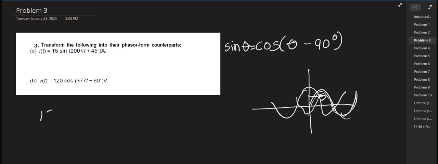So the first thing I'm going to do with this is say it's 15 cosine of 200 pi t plus 45 degrees minus 90 degrees. Now at this point, if I end up with a degree measure that is bigger than positive 180 or smaller than negative 180, then I'll add or subtract 360 to get it into my plus 180 and minus 180 range.